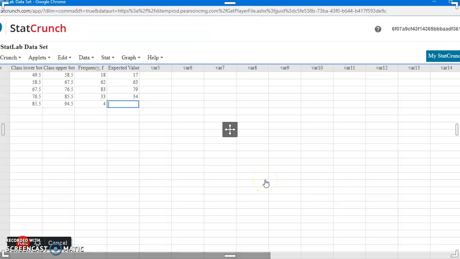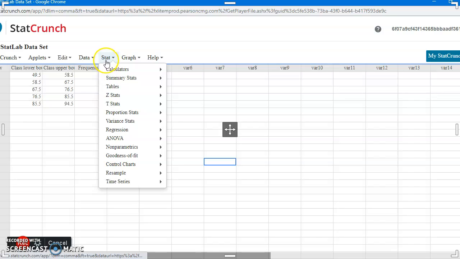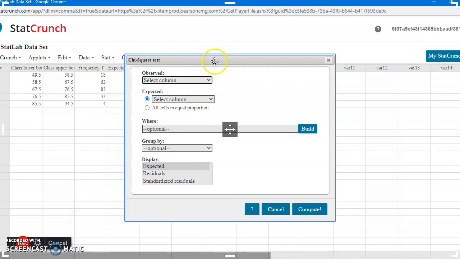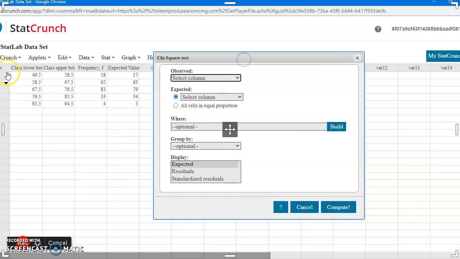Now we should be able to get a goodness of fit test. So we go to Stat, Goodness of fit, chi-square goodness of fit. The observed column is the frequency, and the expected is under the expected values column.